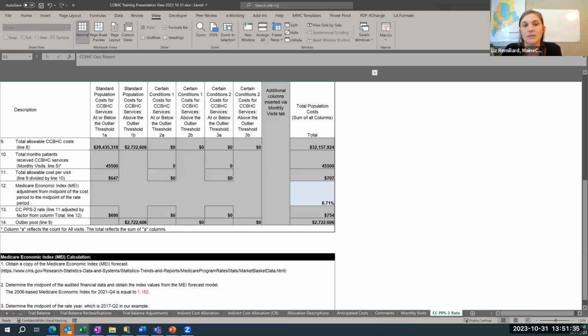However, receiving that service from a CCBHC and receiving a different and separate service from another CCBHC would not prevent the separate CCBHCs from receiving their PPS payments. Meaning if someone gets med management from one agency and case management from another, those two services would be PPS generating for the separate and distinct CCBHCs.